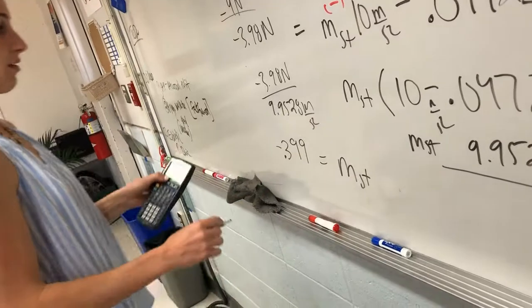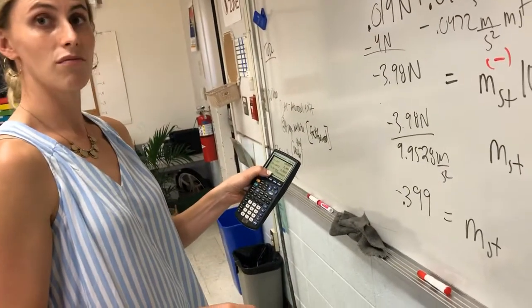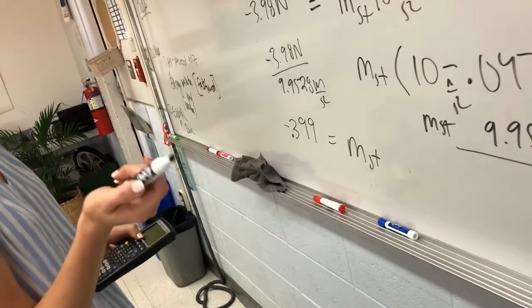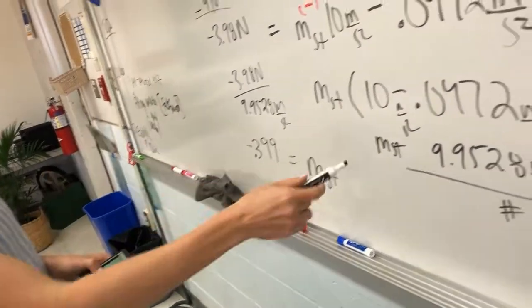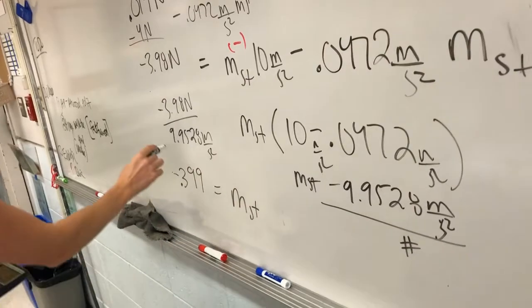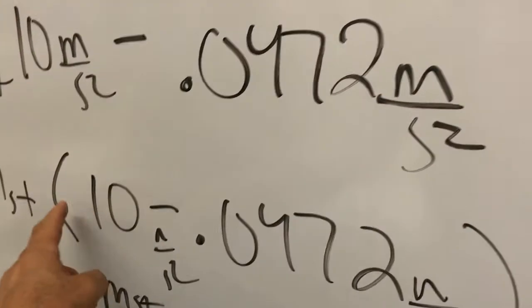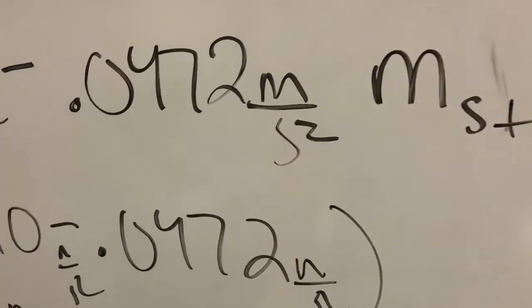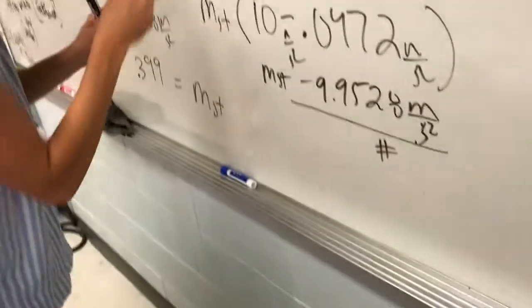Negative how much? 0.399, which is good because that is less. But the negative, so I think what we need to do is have this be negative right here, right? Shouldn't that be negative? 10 minus this? Yeah, that's what I was thinking. Because we have to carry that negative through.